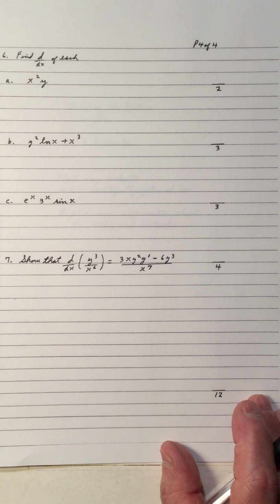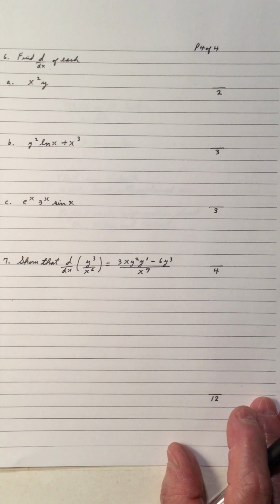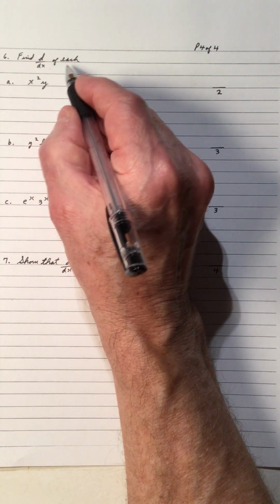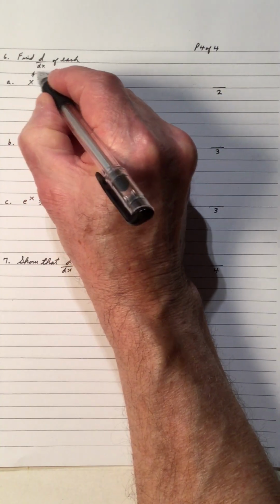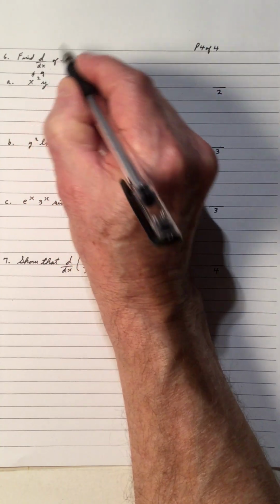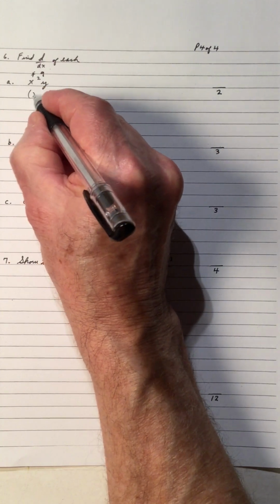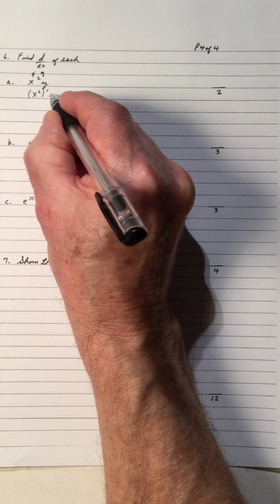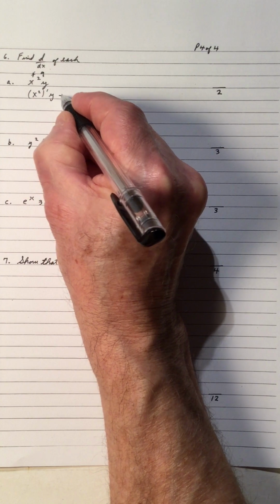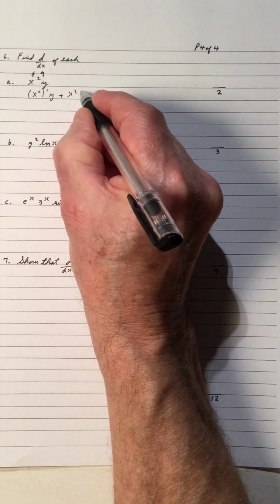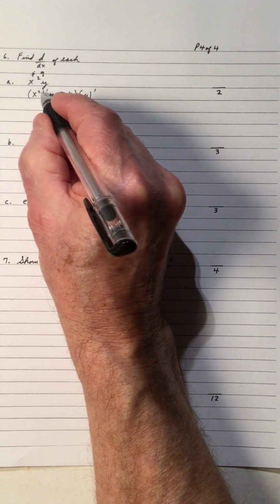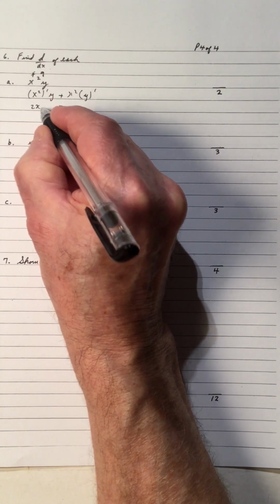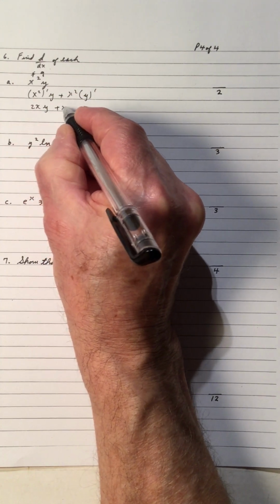And we have one more page to do, and it's to find dy/dx of each. So this is a product, so this is f and g. So this is the derivative of x squared times y plus x squared times the derivative of y. So the derivative of x squared is 2x times y, plus x squared.